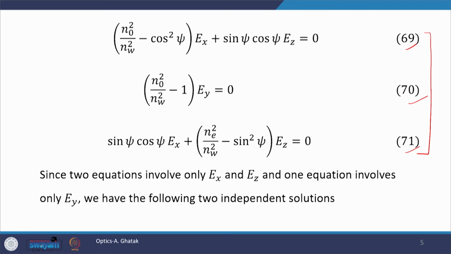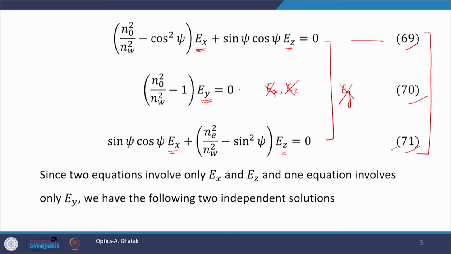You see that equation 69 has E_x and E_z terms, and equation 71 also has E_x and E_z terms. Both these equations do not have any E_y term. E_y dependence is absent in equations 69 and 71, while equation 70 does have E_y, but does not have E_x and E_z.